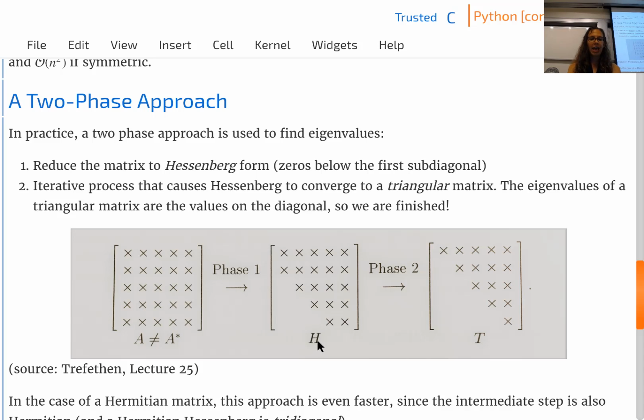So you'll see this matrix H. It's like a triangular matrix, except right below the diagonal, the subdiagonal, there are some non-zero values. And so you'll use one algorithm to get things to this Hessenberg form, and then you could use the QR algorithm to get from Hessenberg to your triangular matrix.